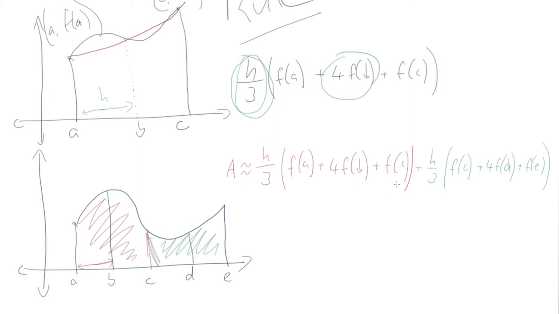And again, I will combine these like I did on my trapezoidal rule. So f of c does occur twice. F of c here and here. So I get A is approximately equal to h on 3. There's f of A, just one f of A. There's 4 f of B's.